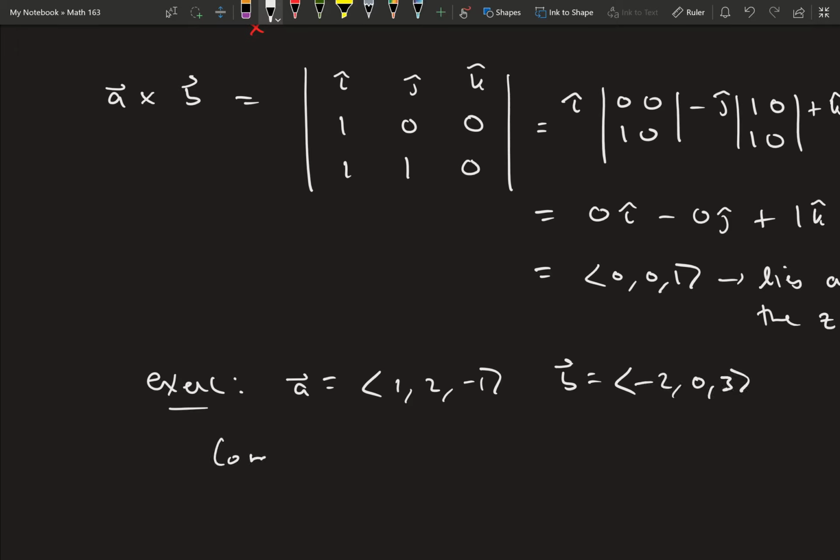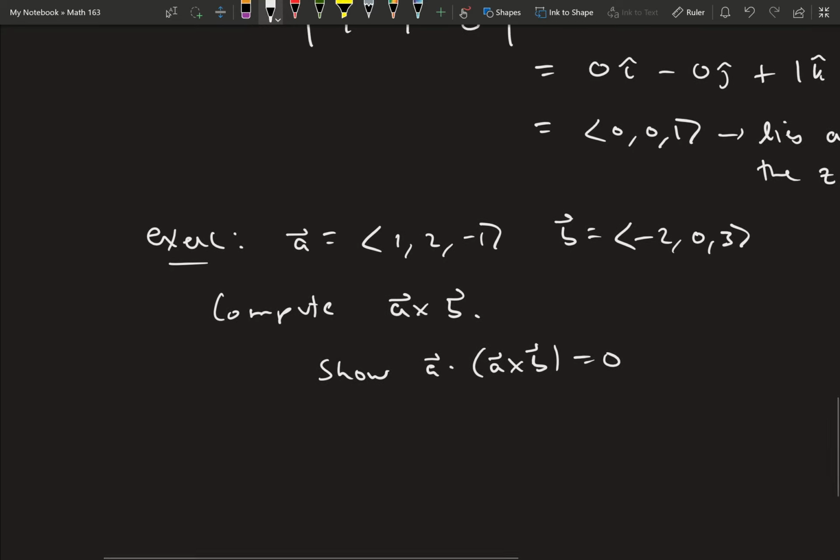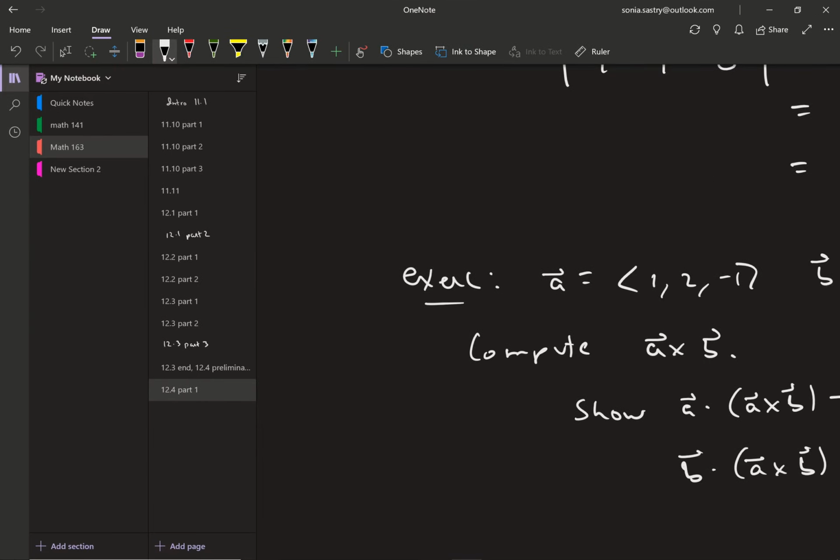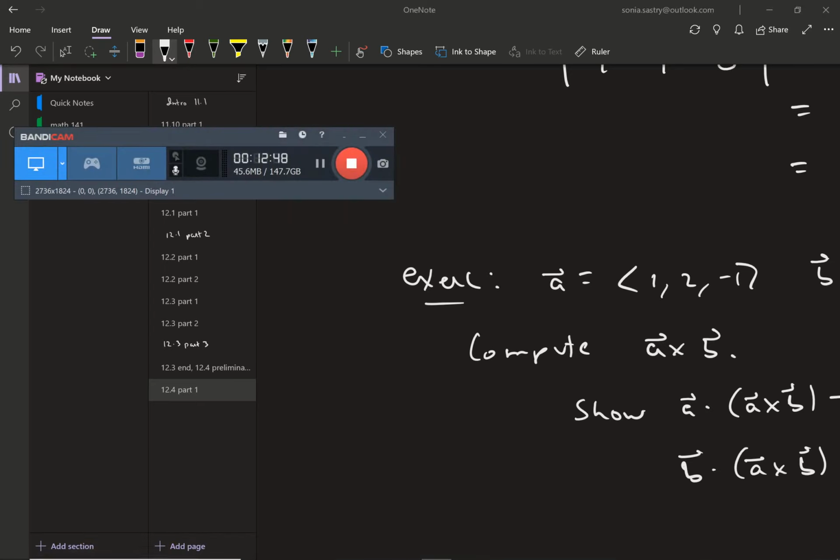So compute A cross B. And go ahead and show then that A dot A cross B is equal to 0, and B dot A cross B is equal to 0. Okay, we'll end with that, and next time we'll do some more properties of the cross product.